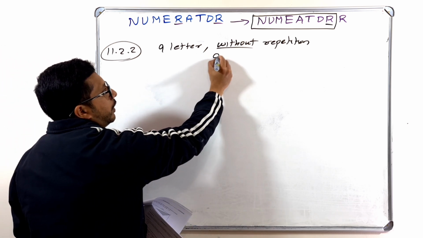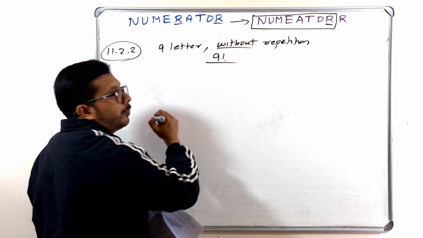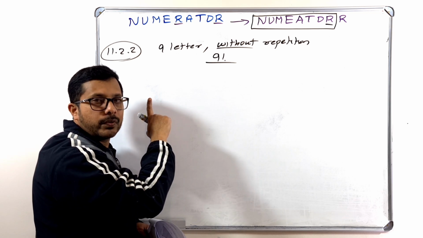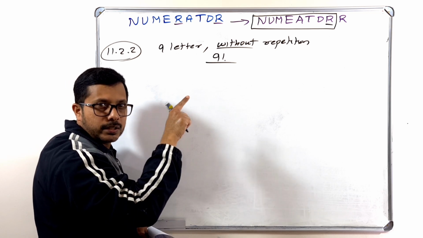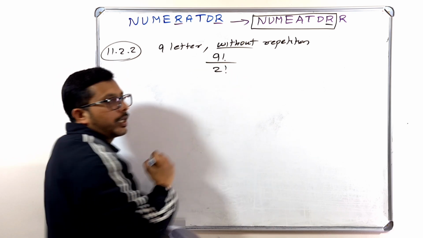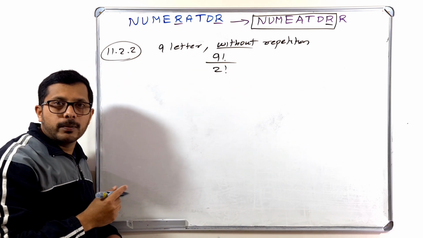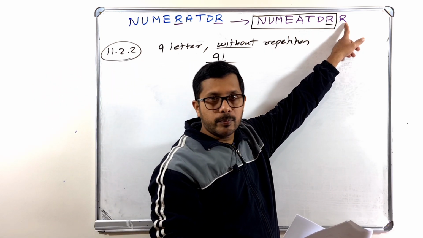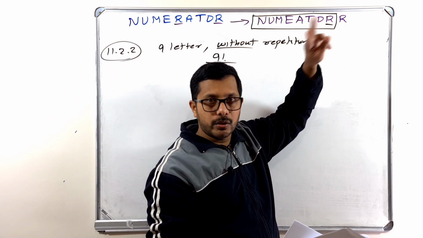That is 9 factorial divided by 2 factorial. You remember rule number 4 in chapter 1, our first lesson, that I explained. What is that 2 factorial? This R and R are the same. How many R's are there? 2 R's.